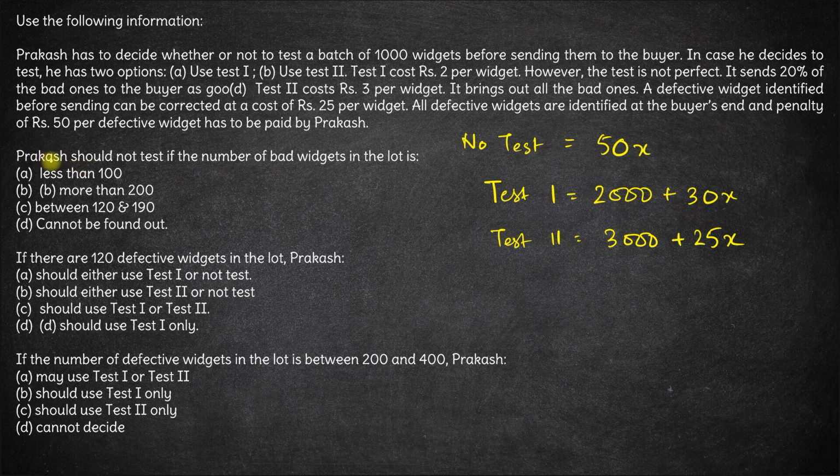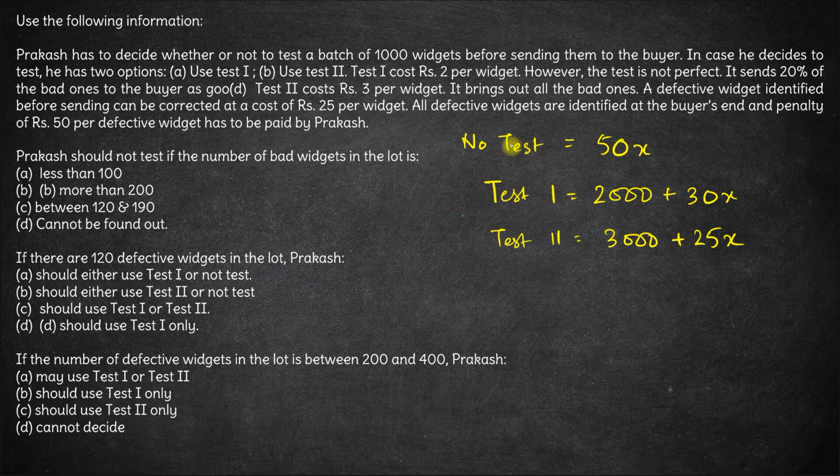Now the first question is, Prakash should not test if the number of bad widgets in the lot is... Now when he should test or should not test depends on the costing. If the number of widgets is such that the no-testing cost is less than these two costs, then obviously Prakash will not do any testing.